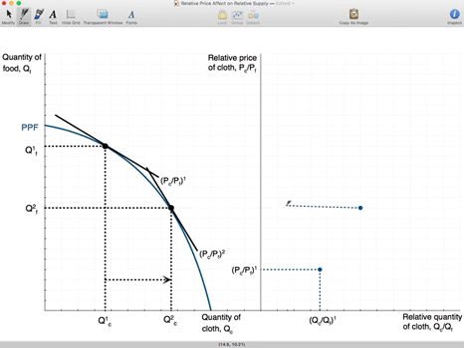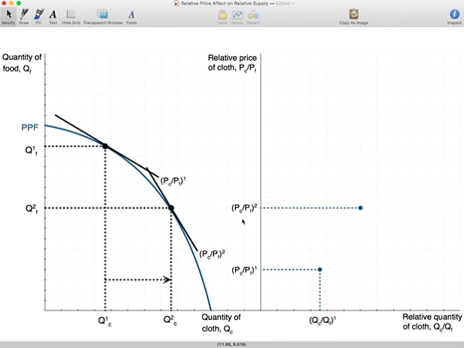So what does this show? Well, it is showing that when I increase the relative price of cloth, and let me do that again, apologies for that. So I'll change the notation on this to a 2. So this reflects the new price ratio with the price of cloth being higher relative to the price of food.